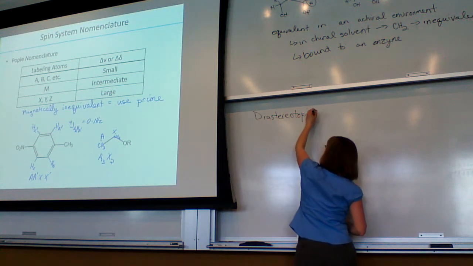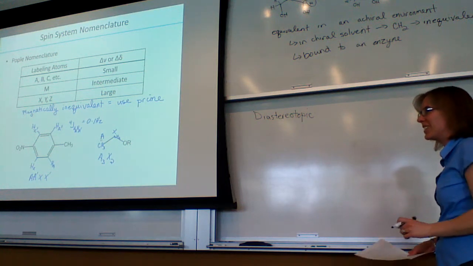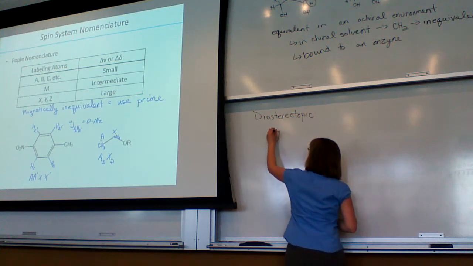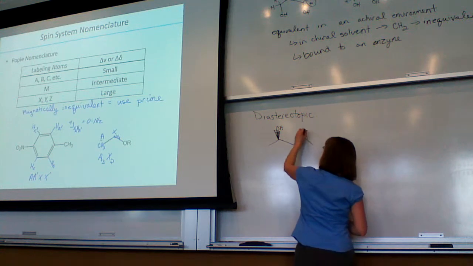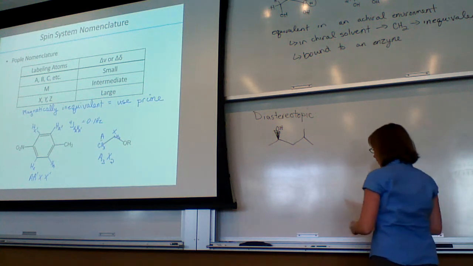If those didn't create anything, that means we're left with something that is going to create something different. So let's say we were given this molecule. This molecule has a stereocenter already.